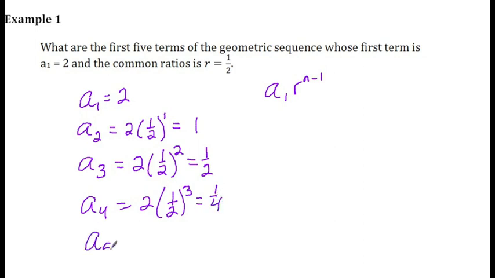And then a sub 5, the 5th term, is 2 times 1/2 to the 4th power. And when we multiply all that out, you get 1/8. So there is your sequence: 2, 1, 1/2, 1/4, 1/8.